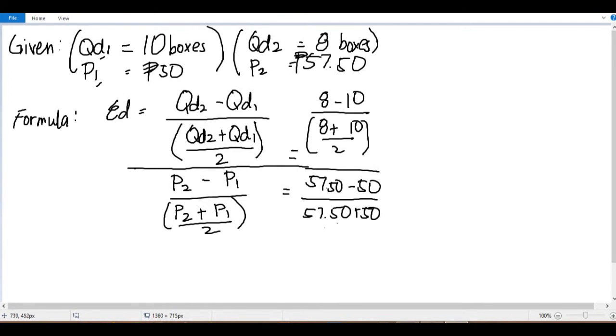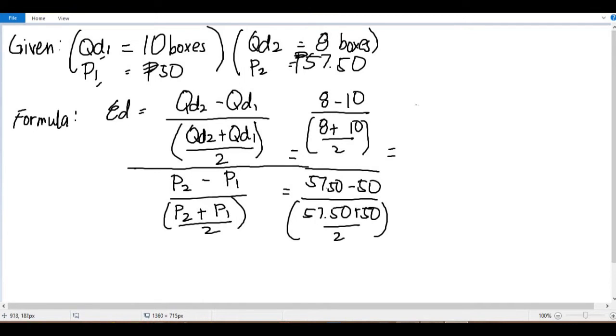Okay? So, isa-isahin natin. Kung gusto nyo, dire-diretsuhin nyo na lang sa calculator. Pero, I advise na gumamit kayo ng parenthesis in doing this. Kasi if dire-diretso lang siya, sumasala yung sagot because we all know the PEMDAS rule. So, if you are doing this, you make use of the parenthesis correctly. Okay? So, ang gagawin ko is isa-isahin.